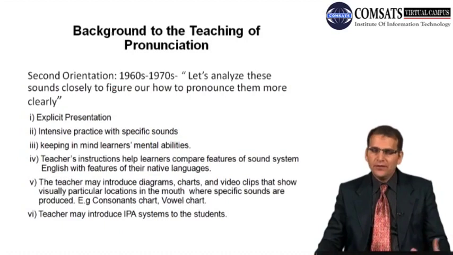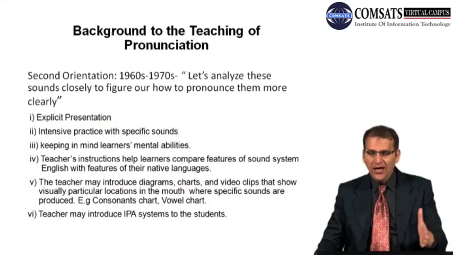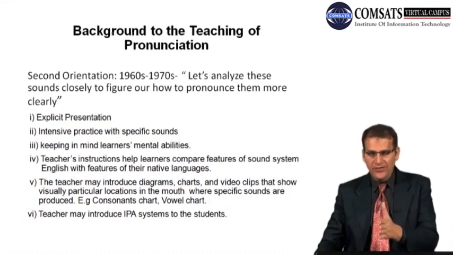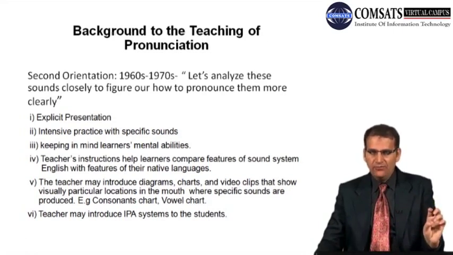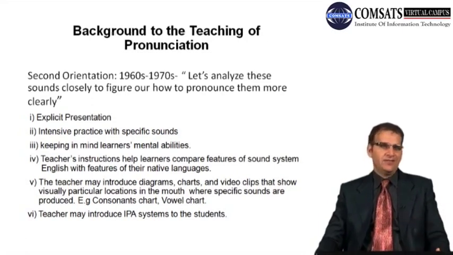Now, if we move on, the second orientation, 1960s to 1970s. Yes, students, are you with me? So, we're talking about how the place of pronunciation has changed, in fact, right? We talk about three phases, 1940s to 50s, listen carefully and repeat.